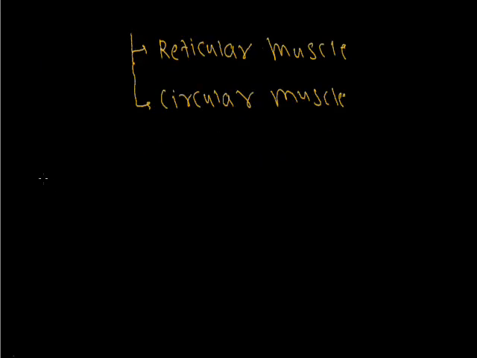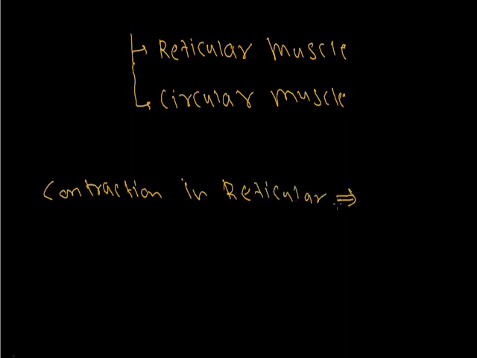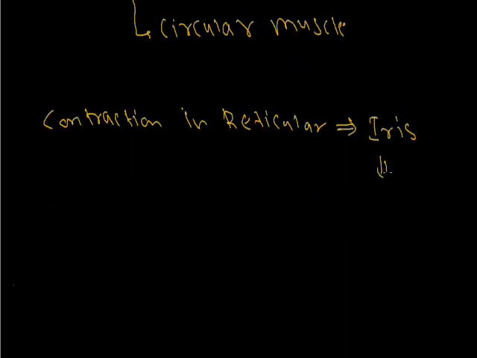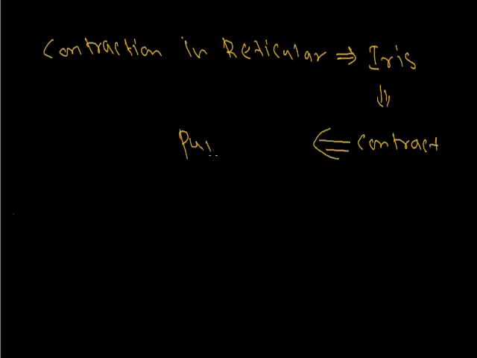When there is contraction in the radial muscles, then the iris contracts, so the pupil diameter increases. When this situation happens, it is bright light.